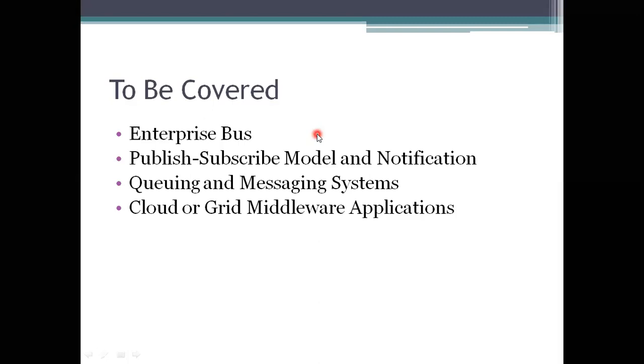What we need to consider is that we are providing many APIs to connect, and they need to communicate with others. If we are providing such methods, how do we deal with that? That's why we are covering this in three different representations: the enterprise bus, the publish-subscribe model, and queuing and messaging systems. The first one is the enterprise bus.